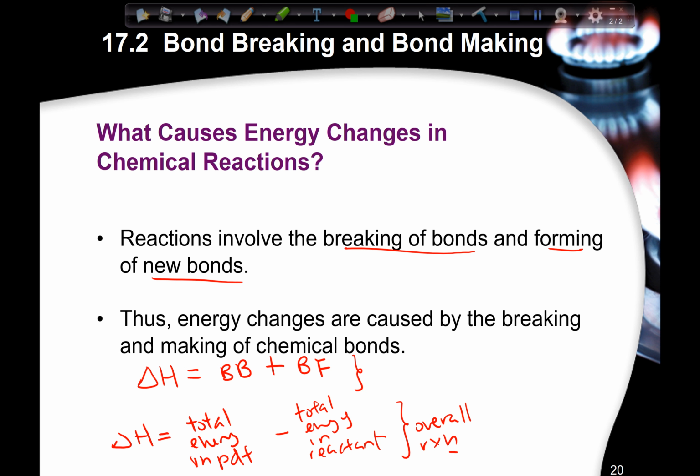And over here, what we are looking at is the microscopic level. We are looking in terms of the bonding, from the atomic level.